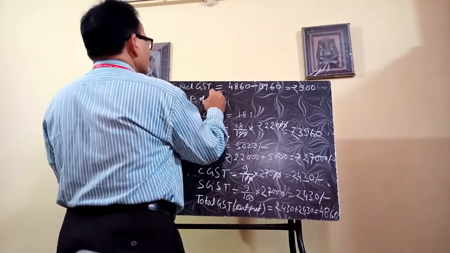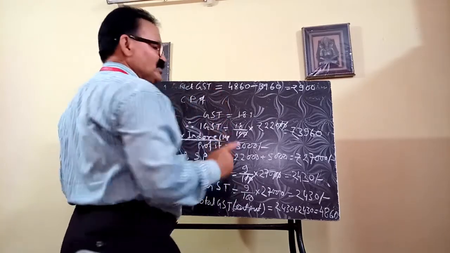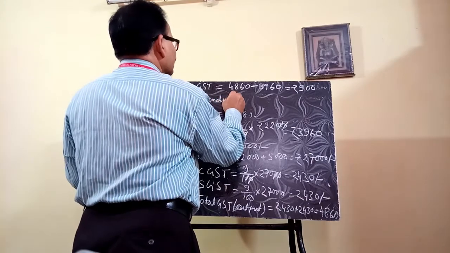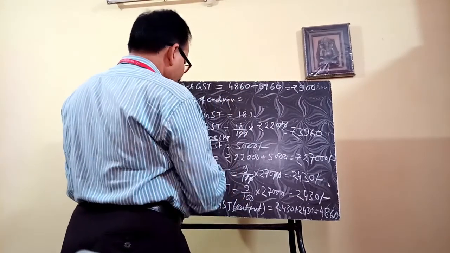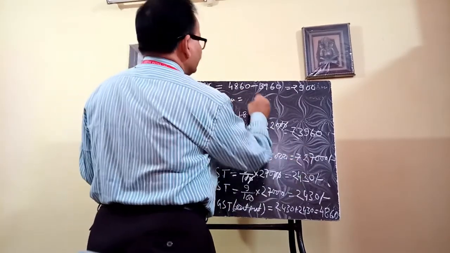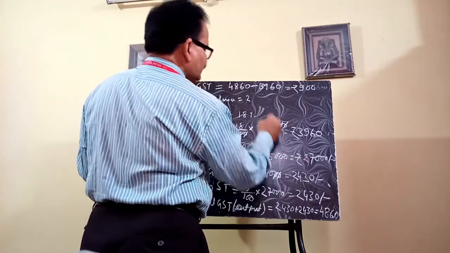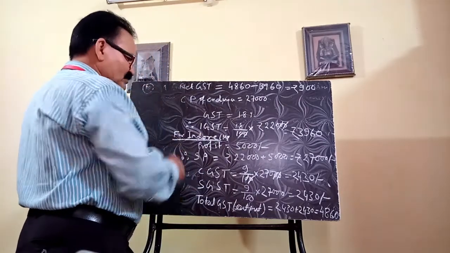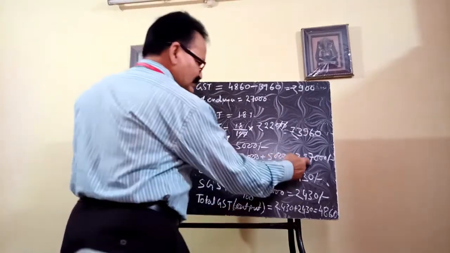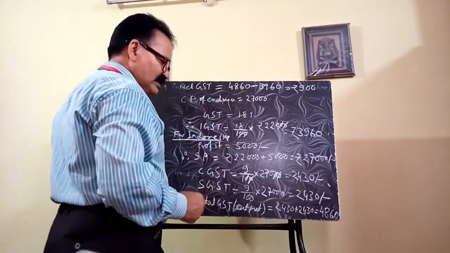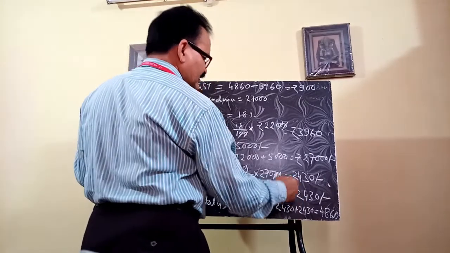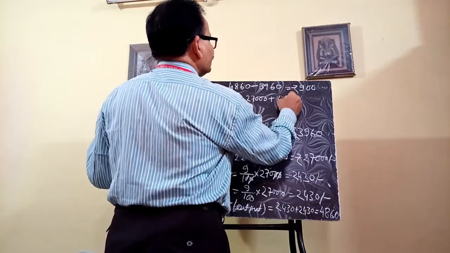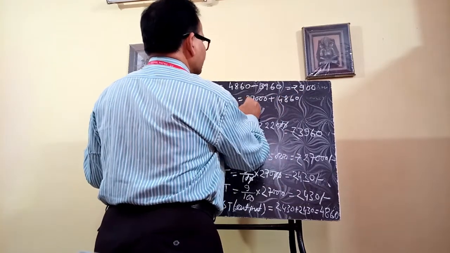And the CP of the end user, that is the CP. First, 27,000, because 27,000 is the SP of the Indore people. So this much is the CP for the end user, and then he has paid the tax of 4860, total GST.